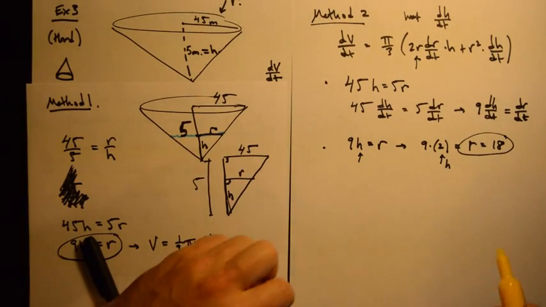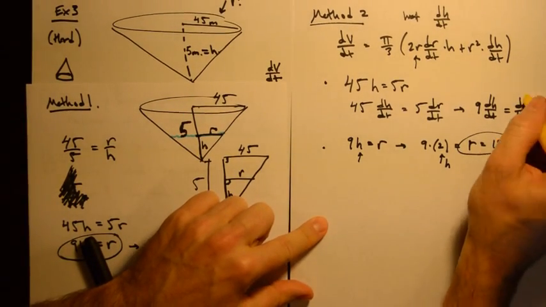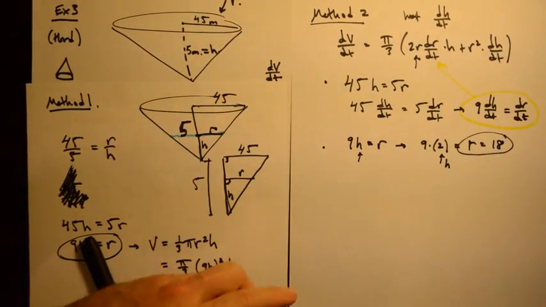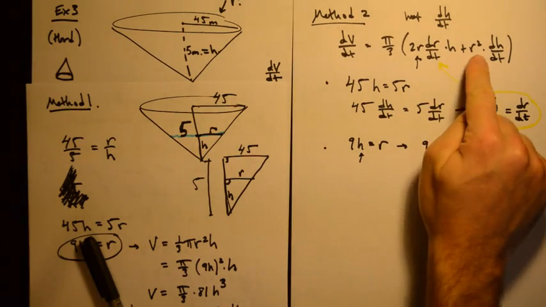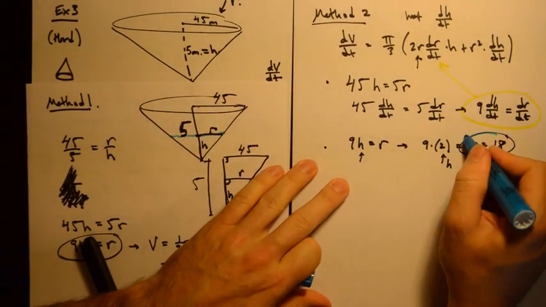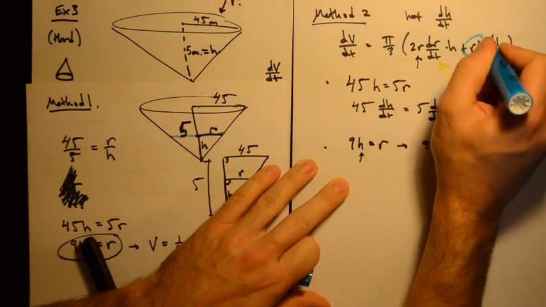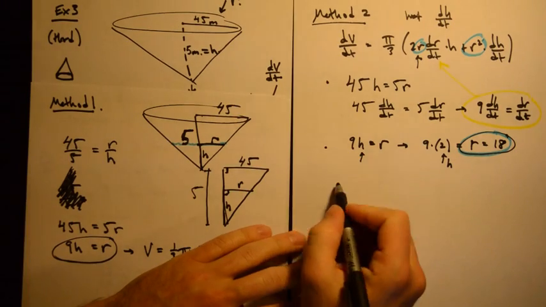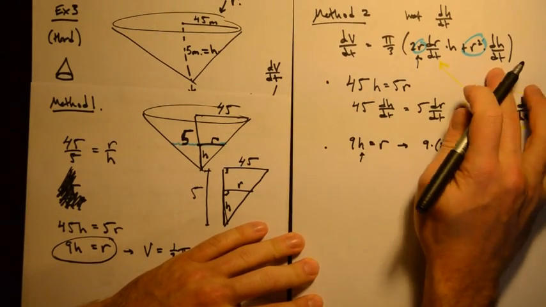We can take this relationship here and replace dr/dt with that, and we know h and we know r. This r right here is going to get used here and here. But everything is now known and we can solve the problem by product rule.